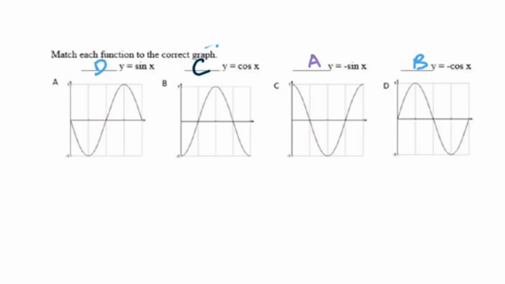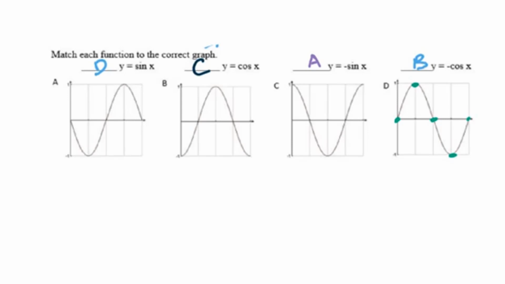So what are the 5 key points? For example, for y equals sine x, I have 1, 2, 3, 4, 5. We call these 5 points key points.